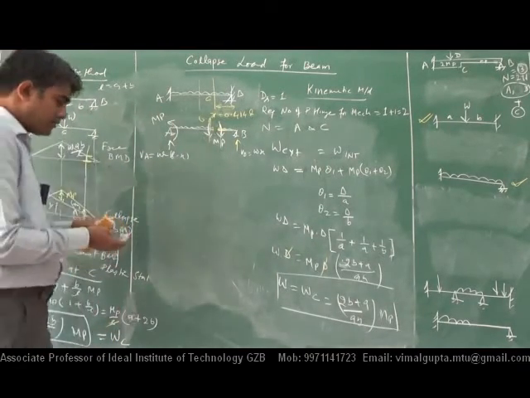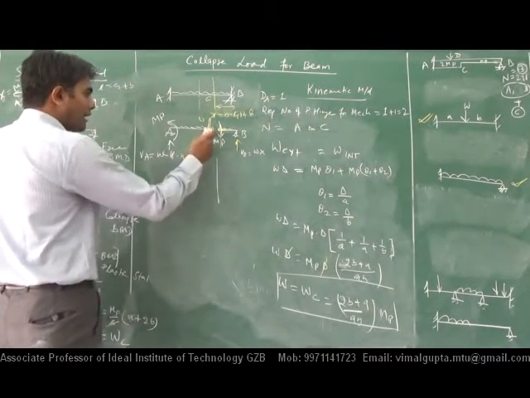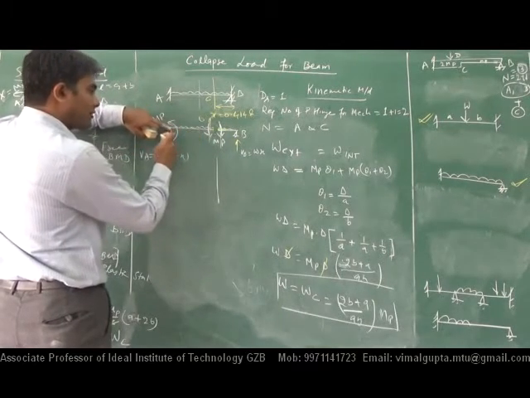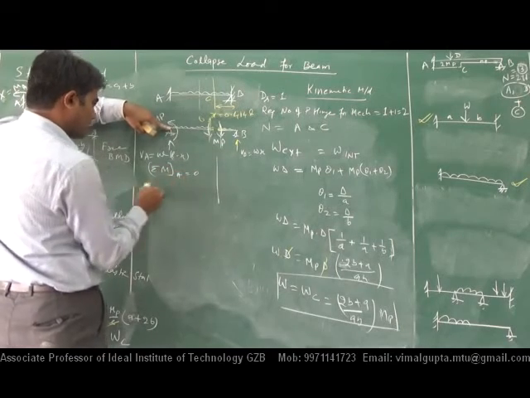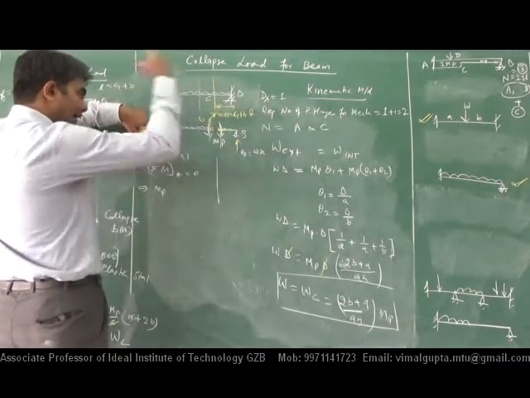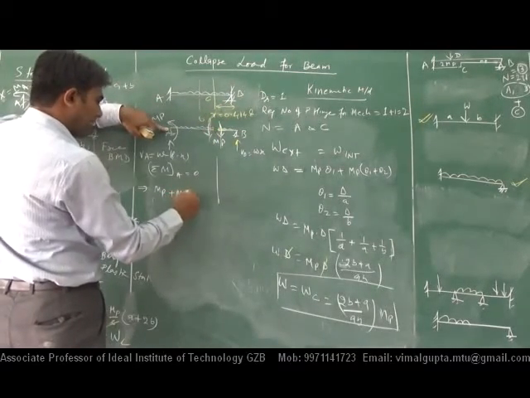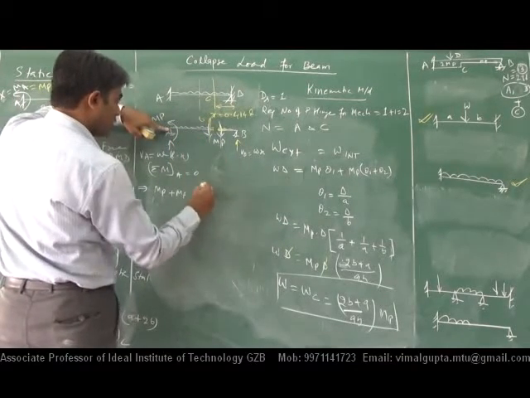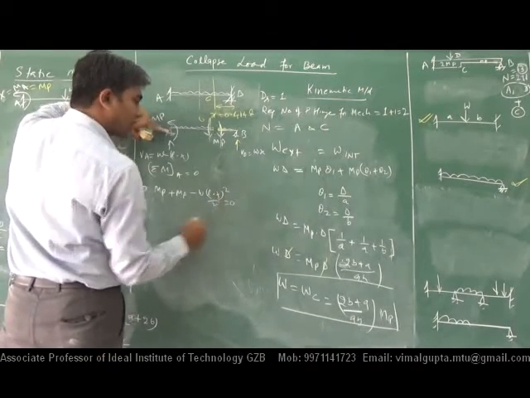So if we calculate the value of MP from that side, apply the equilibrium condition, sigma M about A equals 0. Then MP anti-clockwise, and this is minus, so minus W into L minus X whole, times L minus X by 2, equals 0.